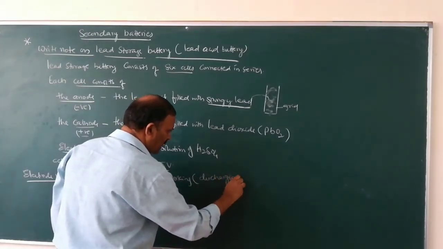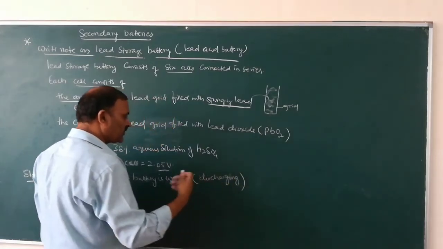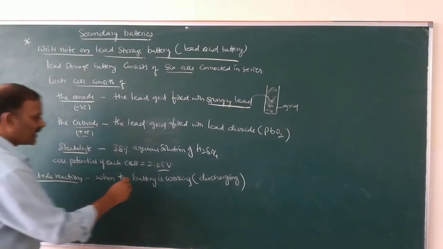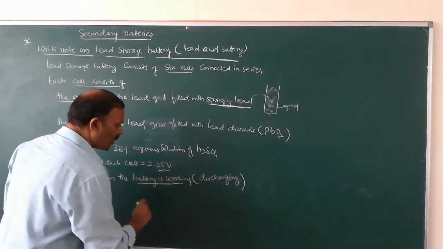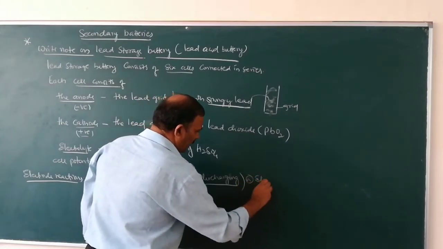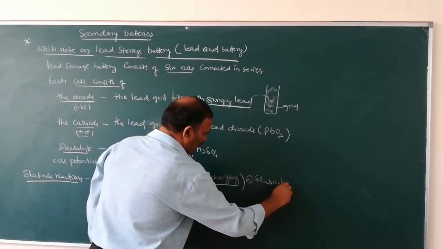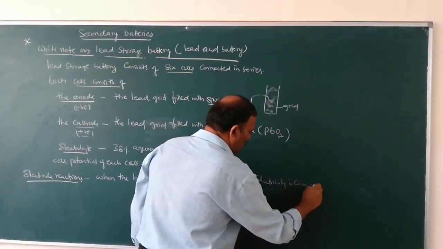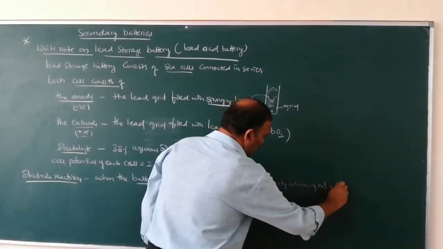Discharging means electricity is withdrawing from the cell. What are the electrode reactions when the battery is working or discharging, or electricity is coming out of the cell?